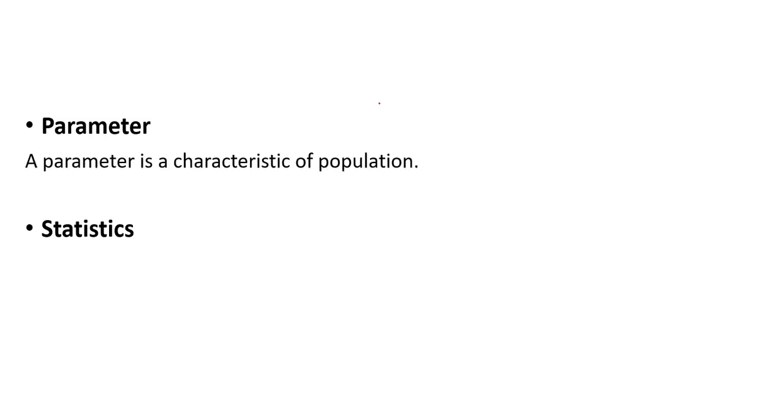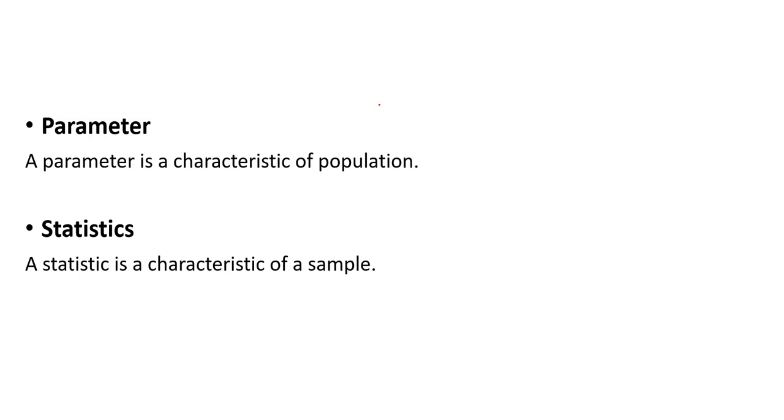There are two important terms: a parameter and statistic. Parameter is the characteristic of population, and statistic is a characteristic of a sample.